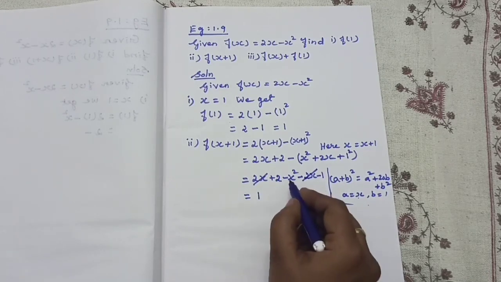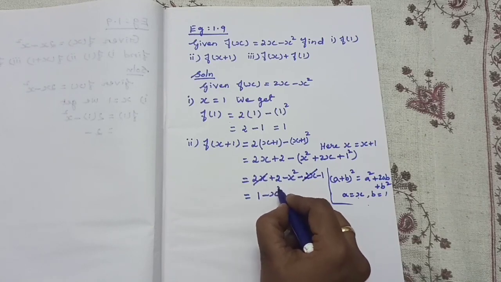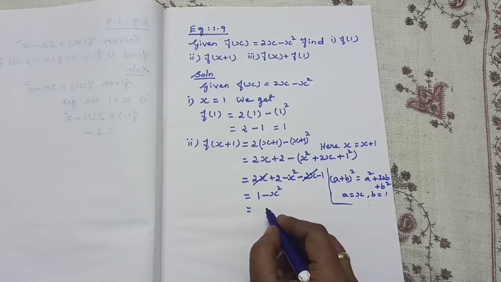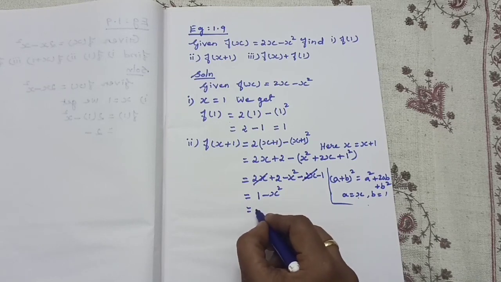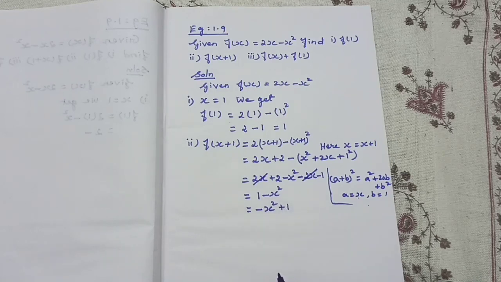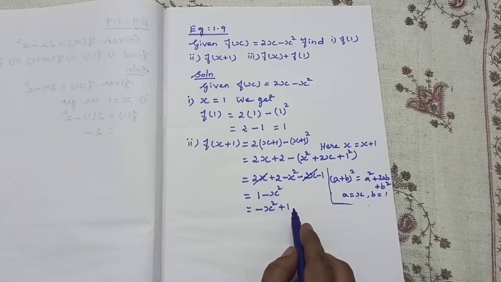Isn't it? Then, minus this x square. Okay? Arrange the order wise. Then, minus x square plus 1. Order wise we have to write, means this minus x square first we have to write, then afterwards constant term. Any doubt?